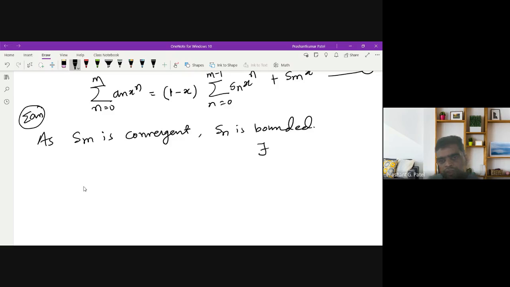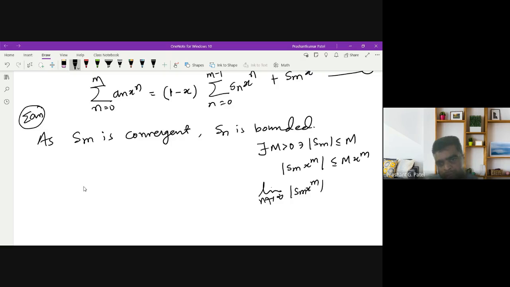So therefore there exists some M greater than or equal to 0 such that mod of Sm is less than or equal to M. And if I multiply by x power m, mod of Sm x raised to m is less than or equal to M into mod x power m. If I take the limit m tends to infinity, this is limit of m tends to infinity, capital M into mod x power m, and this will tend to 0 as your x belongs to minus 1 and 1.